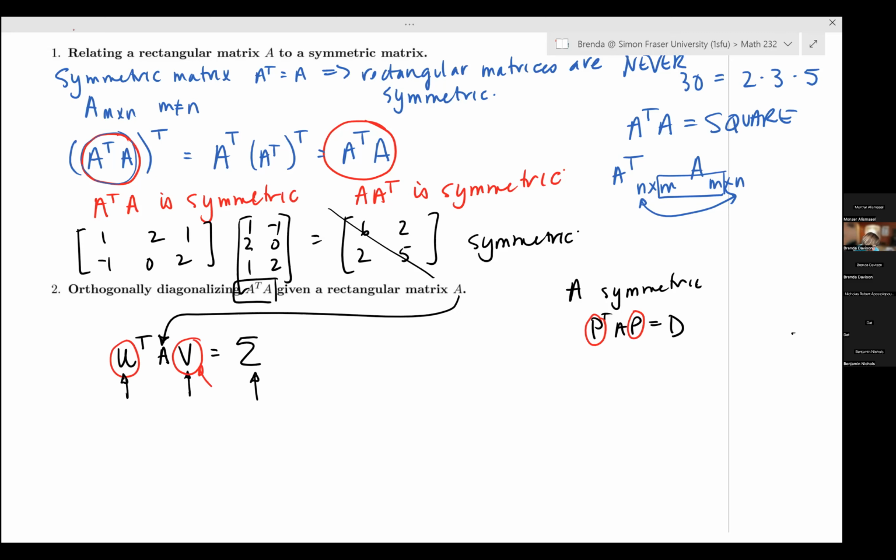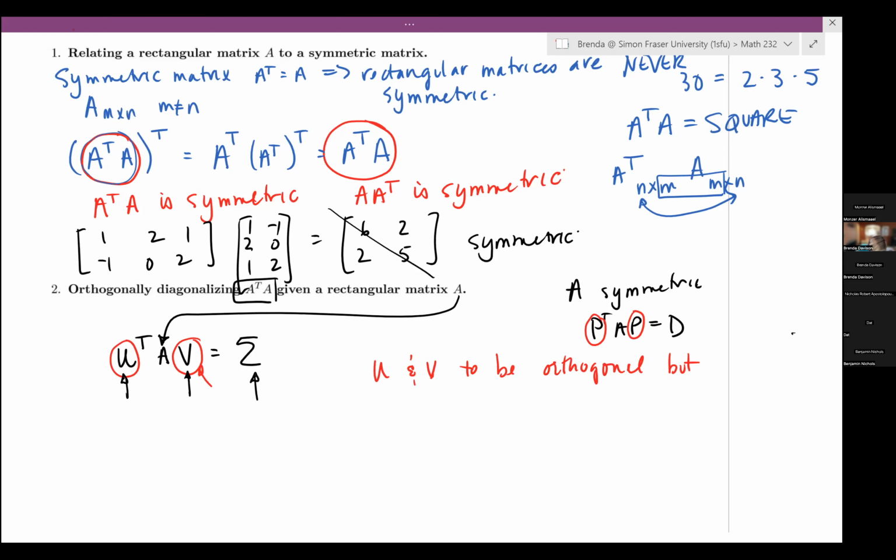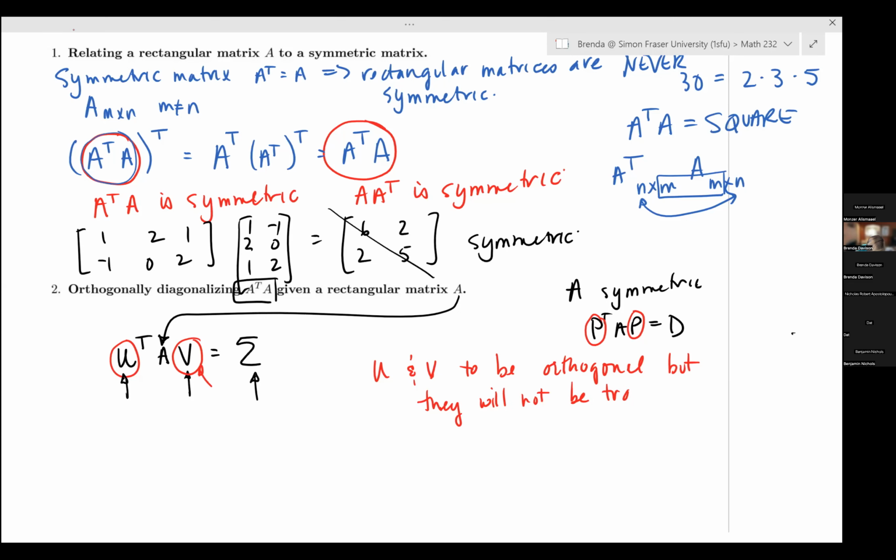Okay, so I'm going to write what we want U and V to be. We want U and V to be orthogonal, but they will not be transposes of one another.